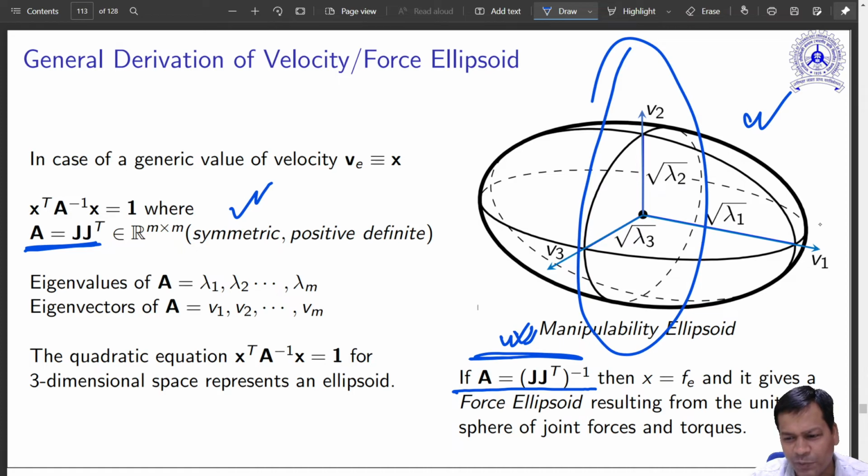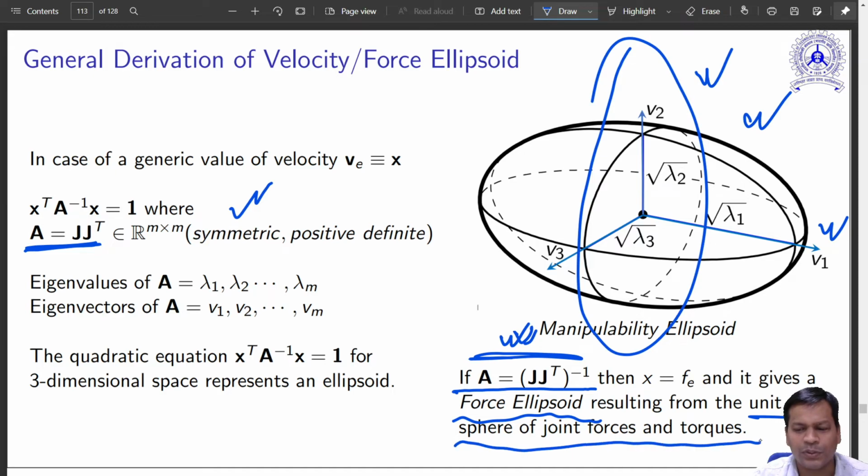If the velocity ellipsoid is like this, the force ellipsoid will be something like this, and it gives a force ellipsoid resulting from the unit sphere of joint forces and torques. We started with the unit sphere of velocities; this time it will be for forces.